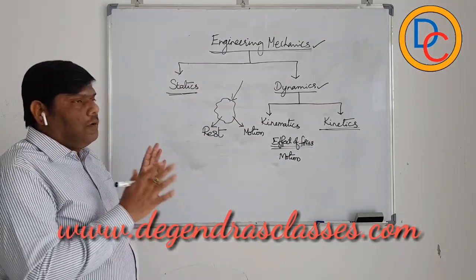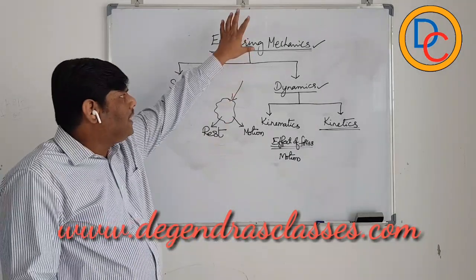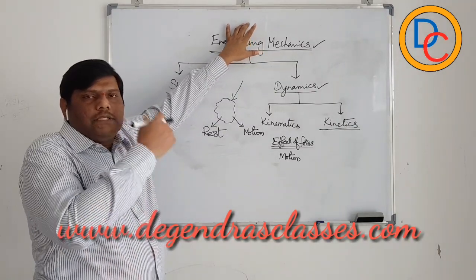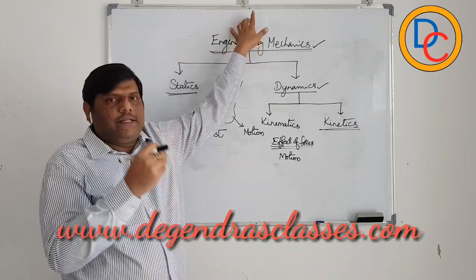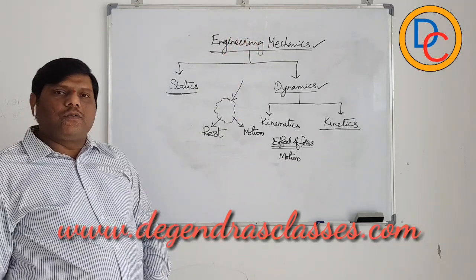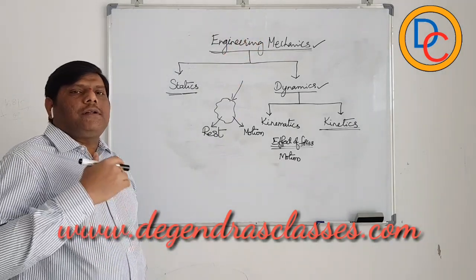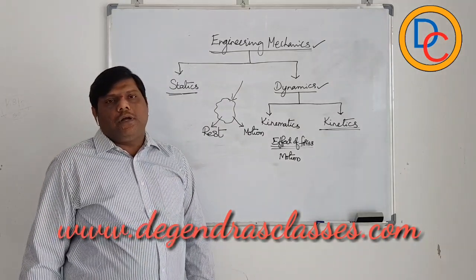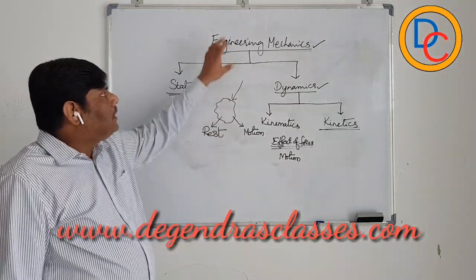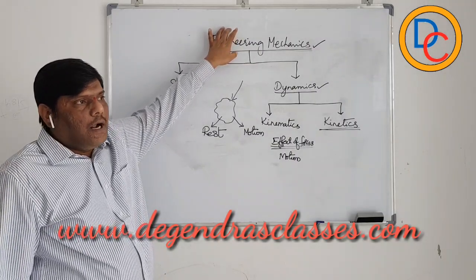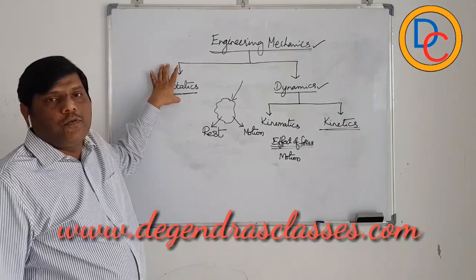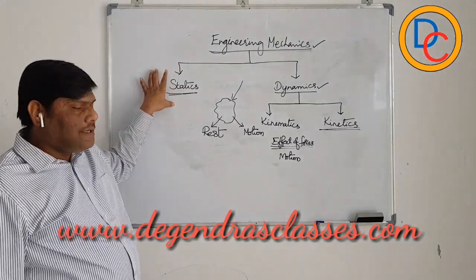So, on the whole, we can say like this: engineering mechanics is the branch of science which deals with the study of forces and their effect on the body. And if those bodies are at rest, and you are studying the forces and their effect, that is called statics.